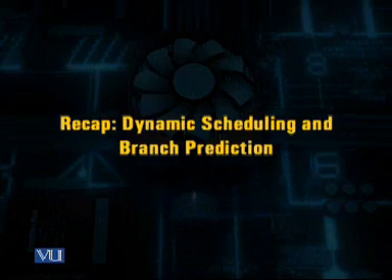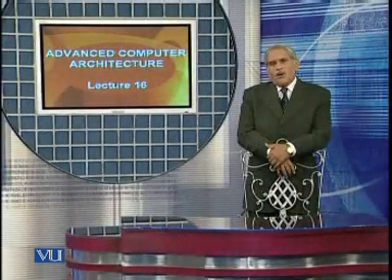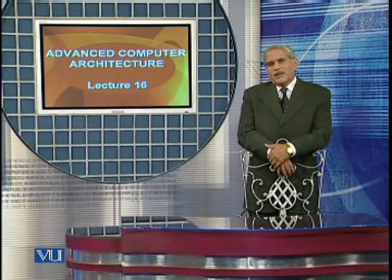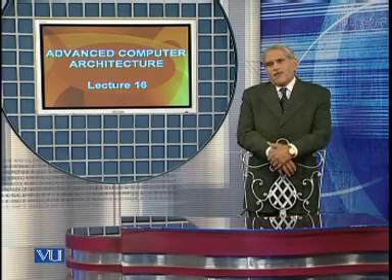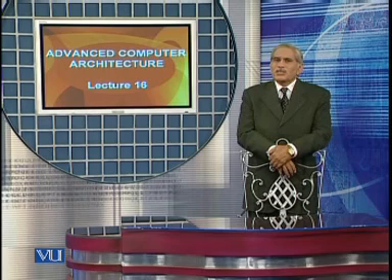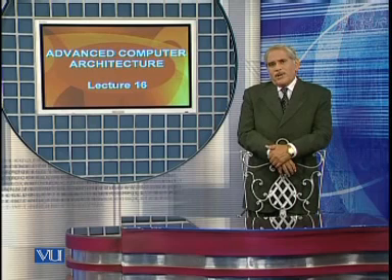We discussed the branch prediction buffer or branch history table technique by using a 1-bit predictor or 2-bit predictor. We also discussed a few limitations of this type of predictor, particularly when there are multiple branches in a program and these branches are correlated. Therefore, in order to deal with this situation, we introduced the concept of correlating predictors.